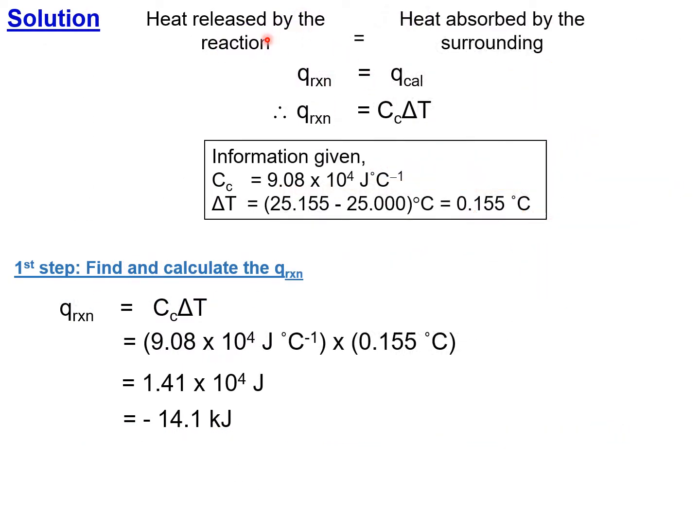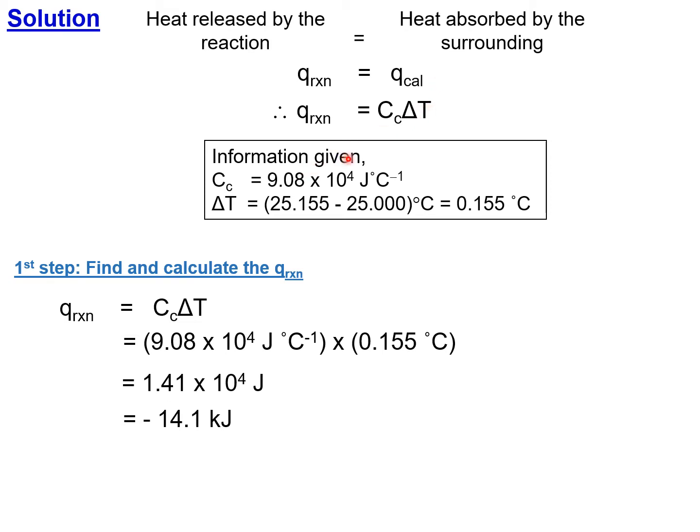Okay, so the heat released by the reaction is equal to heat absorbed by the surrounding. In this case, the surrounding mentioned hanyalah calorimeter. There's no water at all, and calorimeter yang digunakan pun dia tak mention langsung pasal mass and specific heat capacity of calorimeter. Therefore, you have to use this equation to find the heat released by the reaction. Okay, you have to use the formula of the heat absorbed by calorimeter.